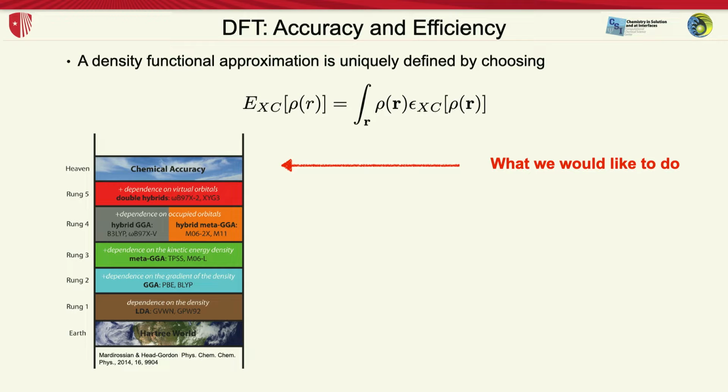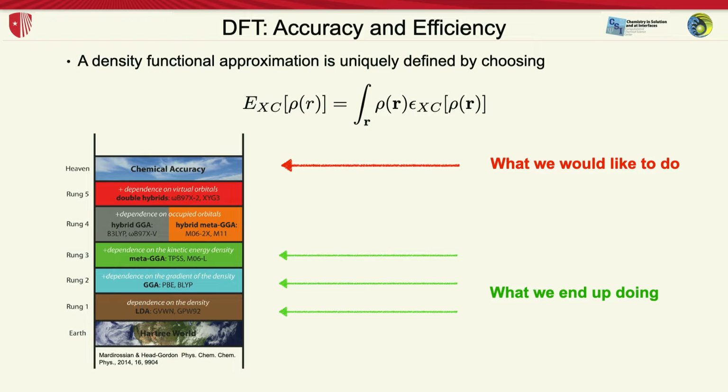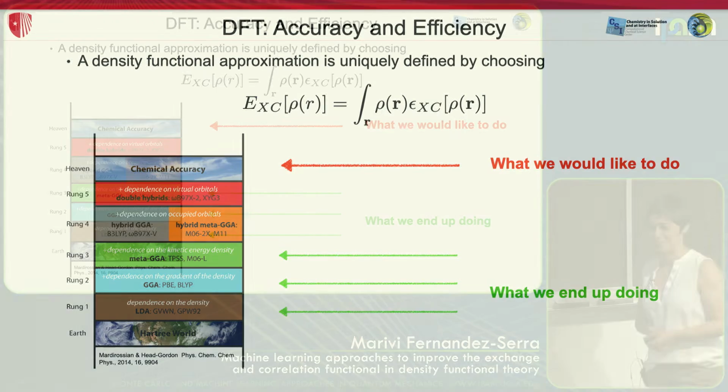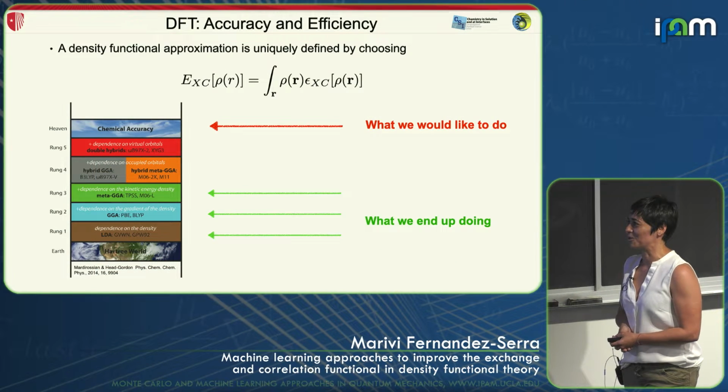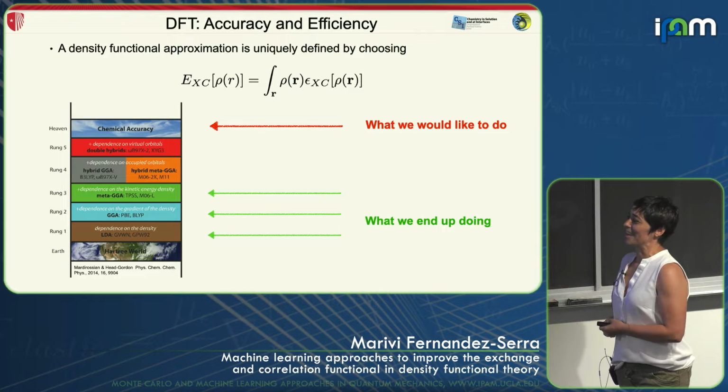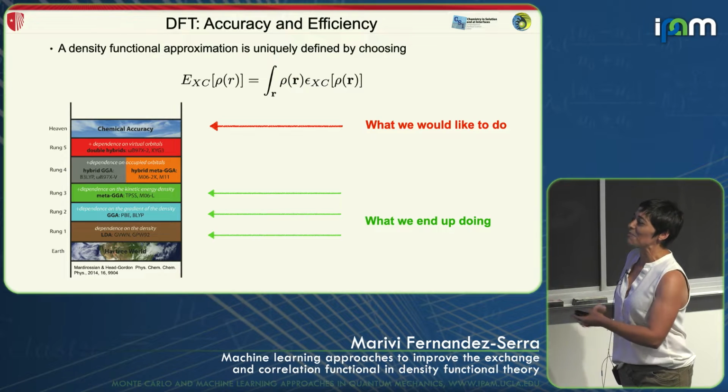Ideally, we want to be in the heaven of chemical accuracy, of course, but this is what we end up doing, especially since I'm really not coming from the community of developers of exchange and correlation functionals. Indeed, I feel a little bit like an elephant in a china shop, and I want to apologize to the owners of this china shop. Some of them are in here, Kieran and Andreas, because I really don't come from that theoretical development of methods.